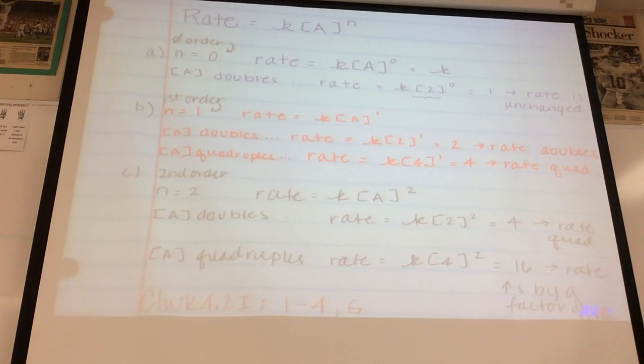And you can use the next 25 minutes to complete these problems. We'll go over how to write rate laws next time, and we'll get a lot of practice in. And your quiz will go through the rate laws, which are not hard.